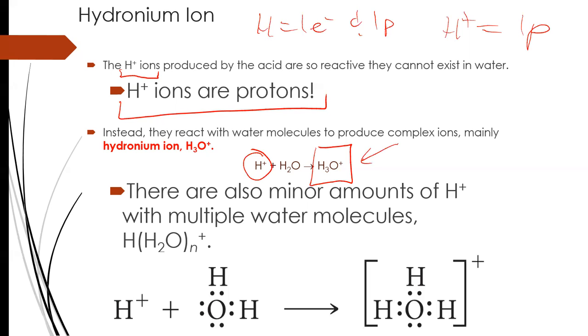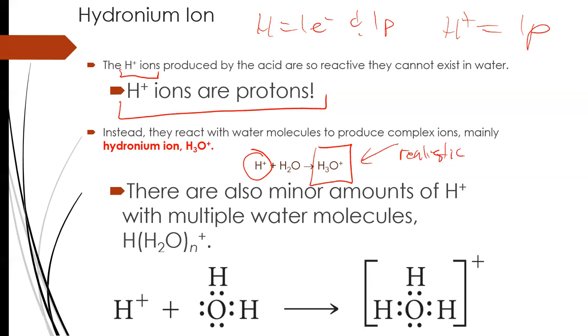This is a little bit more realistic to how you would really find this in solution, because that H plus is just so reactive that it wouldn't bop around in solution by itself very long. It's going to collide with a solvent molecule, the H2O, and become that H3O plus. So it's really unlikely that you get much H plus just moving around in there. A lot of times we get this H3O plus.